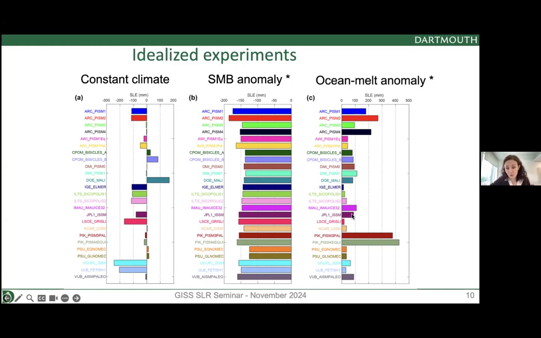That have almost no response, very little change in the increase in ocean melt, while other models have a really drastic response, like 10, 20 times more in some cases. And so in that case, we have really varying results. So that was a starting point, to try to improve ice models, see where they are and what are their similarities and differences.